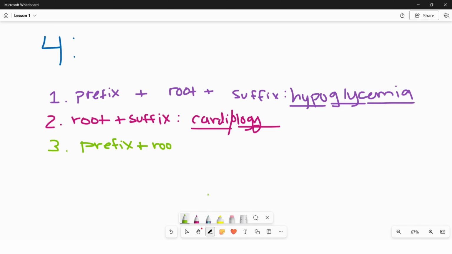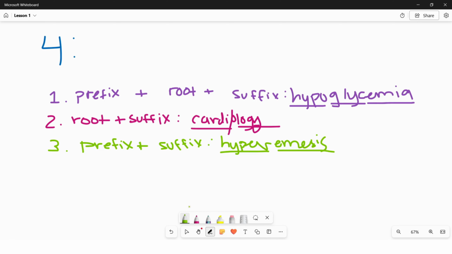Nope, prefix and a suffix, sorry. Prefix and a suffix. Okay, and this could be like hyperemesis. Okay, you have the prefix and you have the suffix.